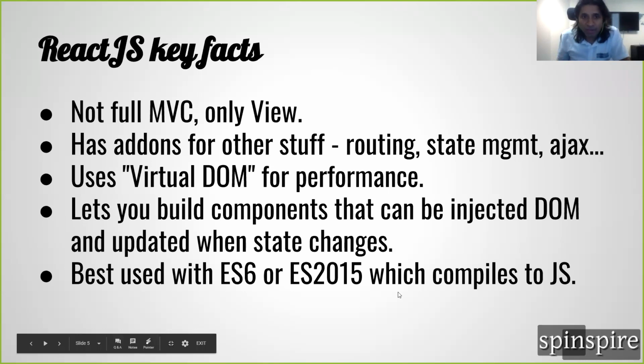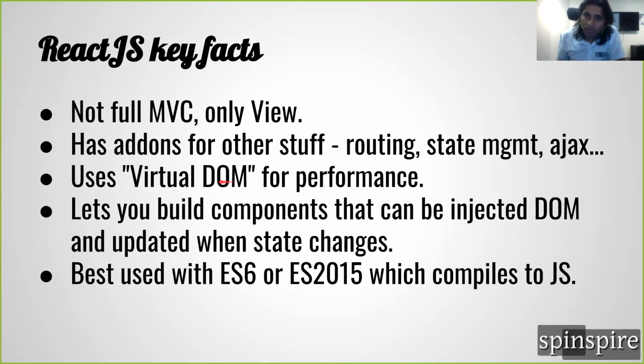Now, its real key claim to fame is the virtual DOM. Manipulating the DOM directly is slow. Most other frameworks have found that when you manipulate the DOM directly in reaction to user events, doing it in real time is slow. So they came up with a better idea: manipulate a virtual DOM, which is basically a shadow DOM, a representative copy of the DOM, and modify that.